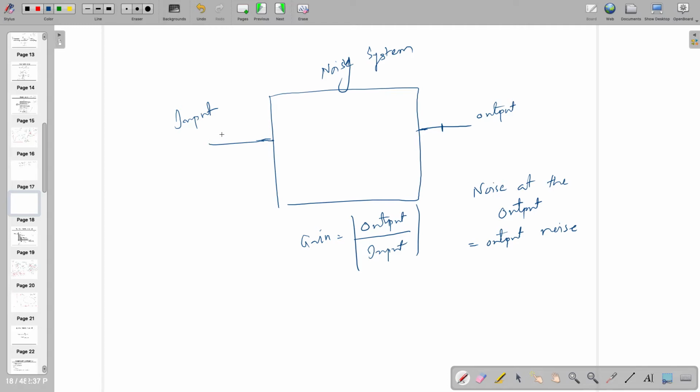Because of this, when you are shutting off there is no input, and if there is an input, accordingly you can find what the output noise is.